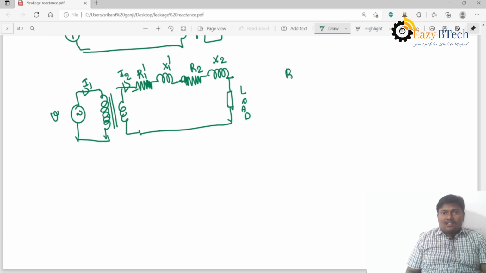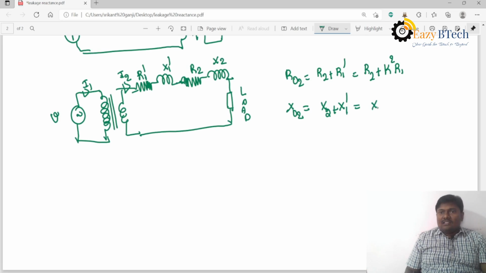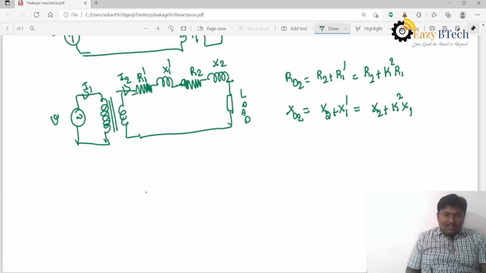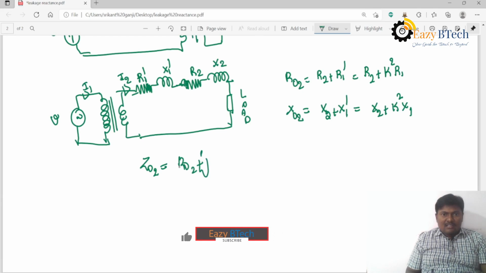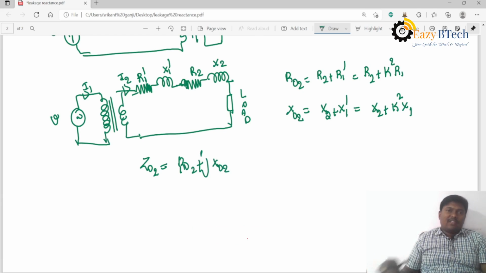So R02 is equal to R2 plus R1 dash, the total resistance when referred to secondary, R2 plus K square times R1. And the total leakage reactance when referred to secondary is X2 plus X1 dash, that is X2 plus K square times X1. And the total impedance when referred to secondary is R02 plus J times X02.